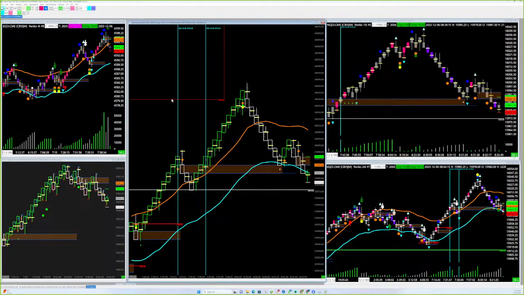Outside the fourth channel. That was a nice little rip down, but we're still up nicely on the day. Up 77 and 20.